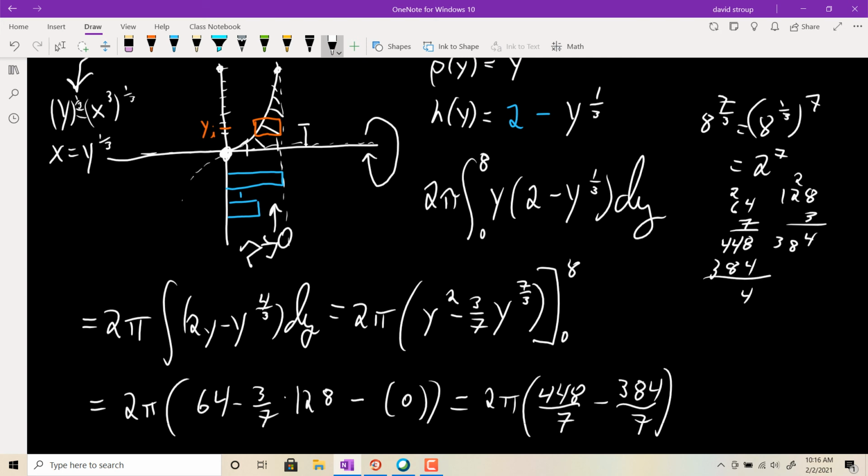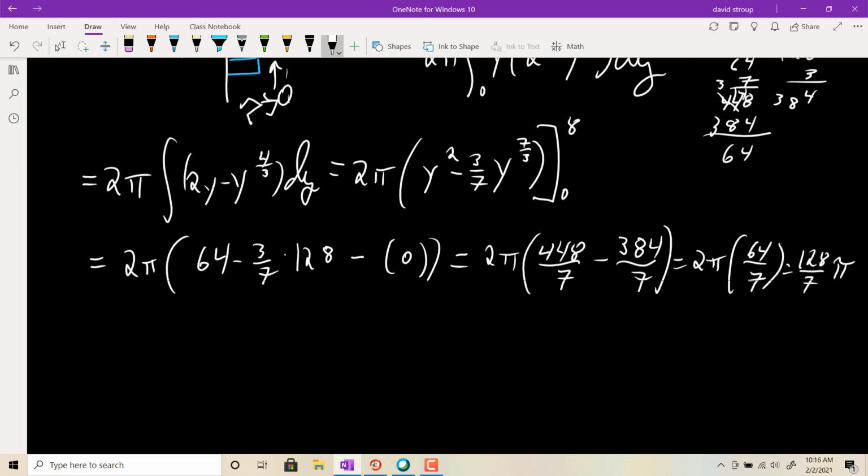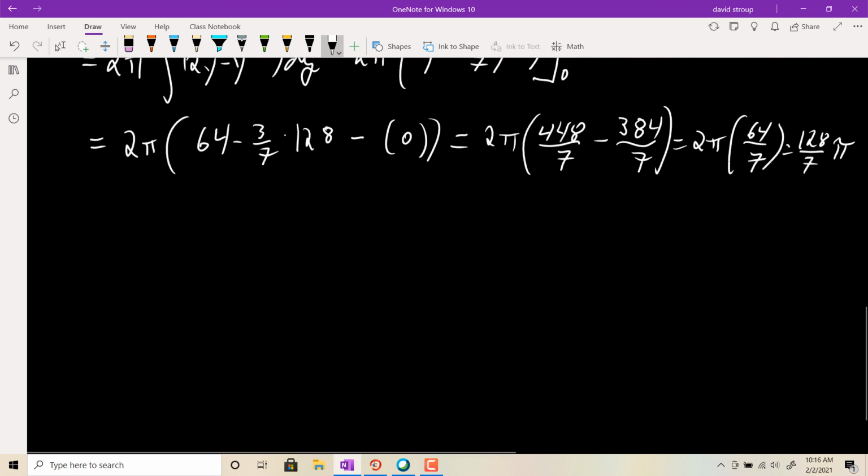We get 64. So 2 pi times 64/7. Multiplying that out, you get 128 pi over 7. Okay, so some arithmetic to do there. Right, let's move on to another one.